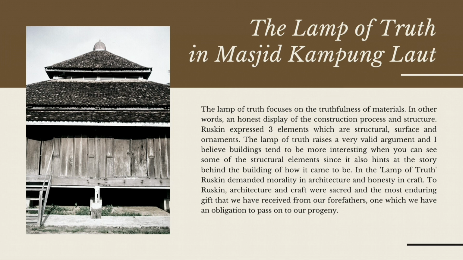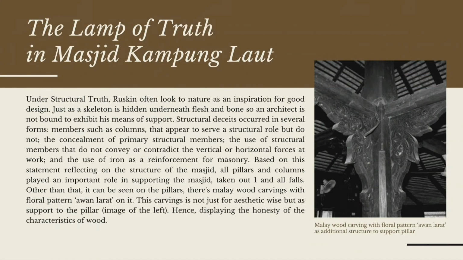Ruskin expressed 3 elements which are structural truth, surface truth, and ornament truth. In the Masjid Kampung Laut, we can see that all pillars and columns reflect the structural truth. If one is taken, all will fall, hence displaying the honesty of the characteristic of wood.